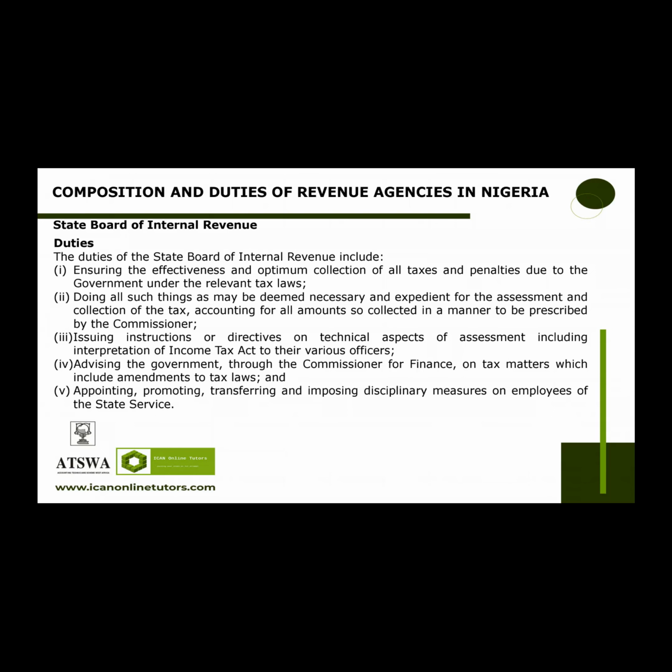Also, their duties include to advise the government through the Commissioner for Finance on tax matters, which include amendments to tax laws, and appoint, promote, or transfer, and impose disciplinary measures on employees of the state service.